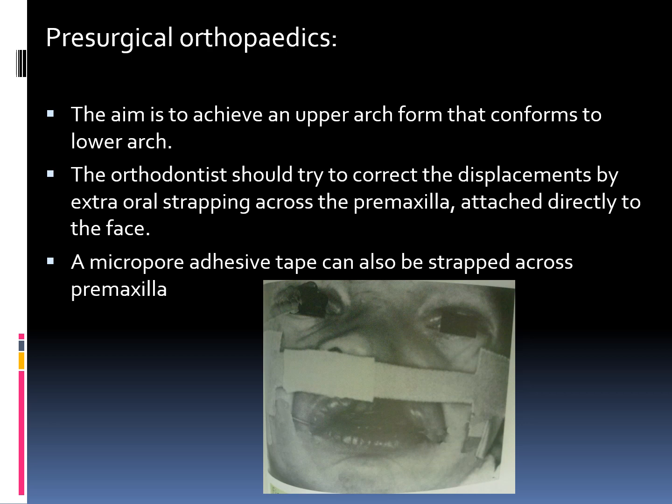As you can see in the picture, if you strap the maxilla, it stops the maxilla from further growing, especially when you have a premaxilla hanging up, so that it restricts the growth of the maxilla and it can be in par with your mandible. Usually what they use is a micropore adhesive tape.